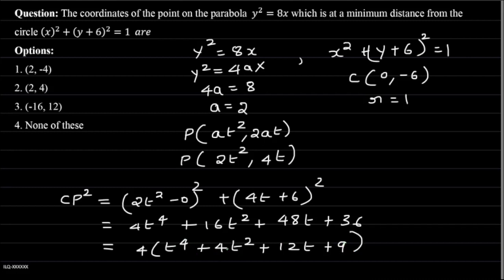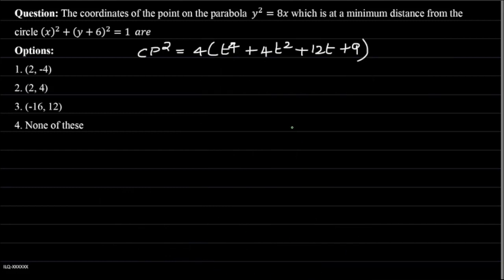Now we have to find the t value so that this entire function will be minimum. Let x be equal to t power 4 plus 4t square plus 12t plus 9.